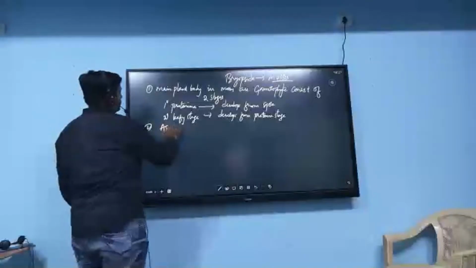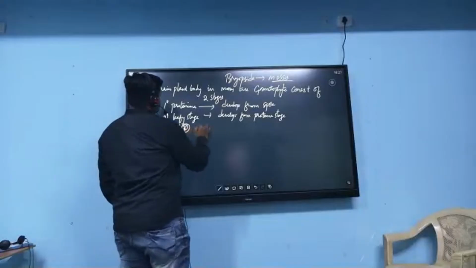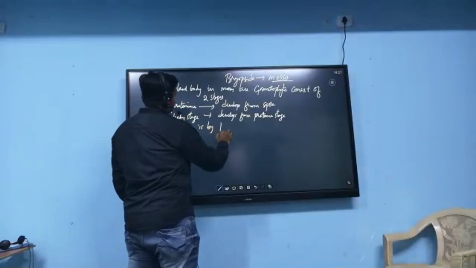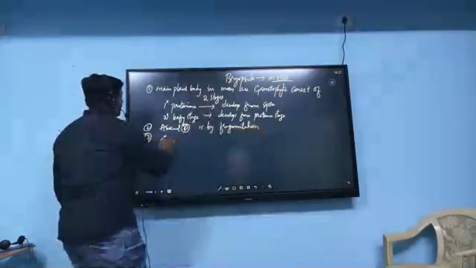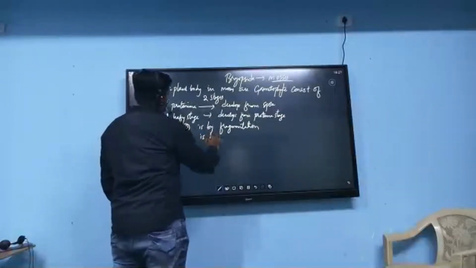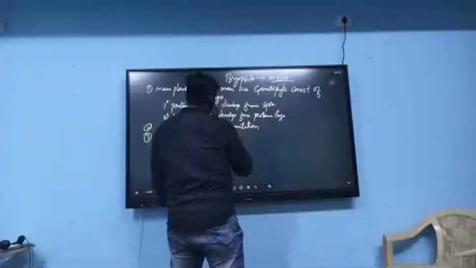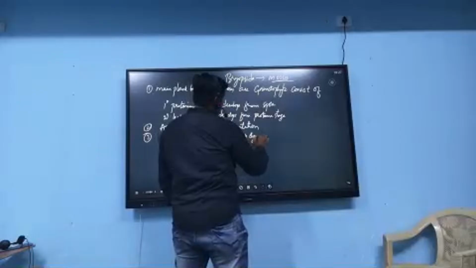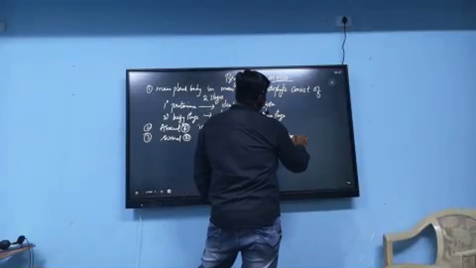Asexual reproduction is by fragmentation, and sexual reproduction is by male sex organ and female sex organ.